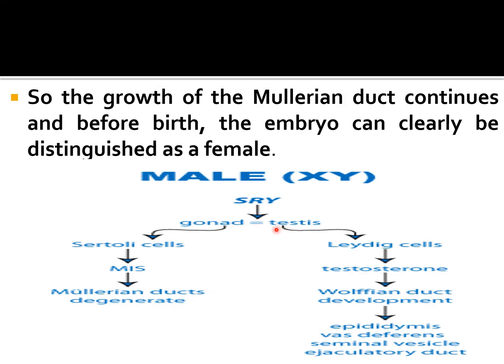So the gonads will produce a testis, and this will go on to the Leydig cells, which will produce testosterone. The Wolffian duct will continue to develop and give rise to the epididymis, vas deferens, seminal vesicle, and the ejaculatory duct. And we see that if the testis does not develop, then the routine will go the other way and we produce the Sertoli cells, and then the Mullerian duct will slowly degenerate.